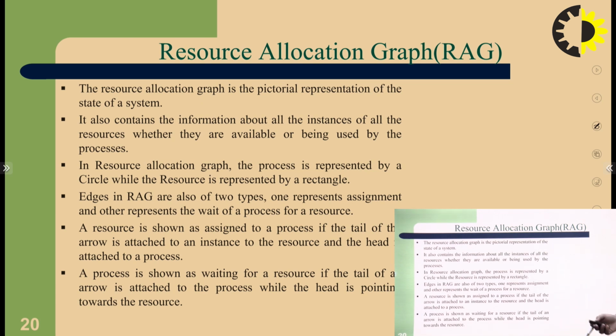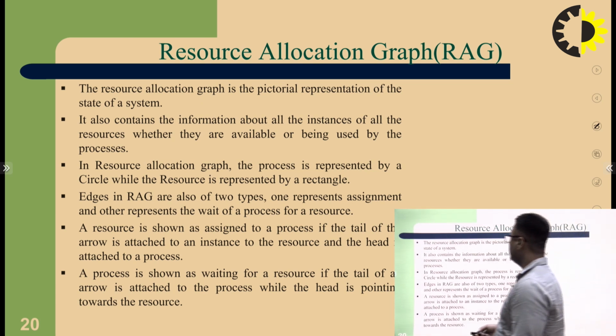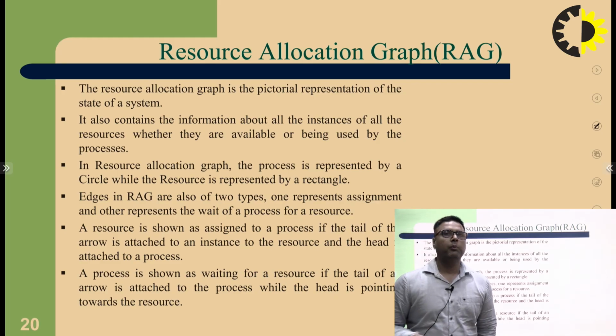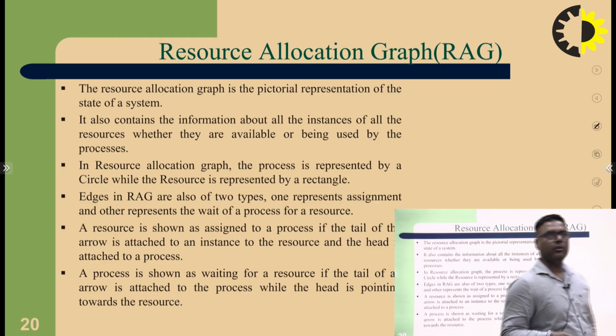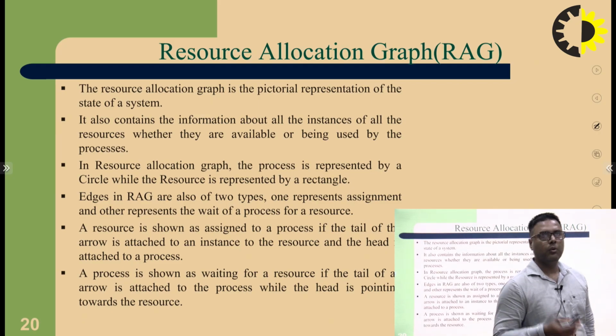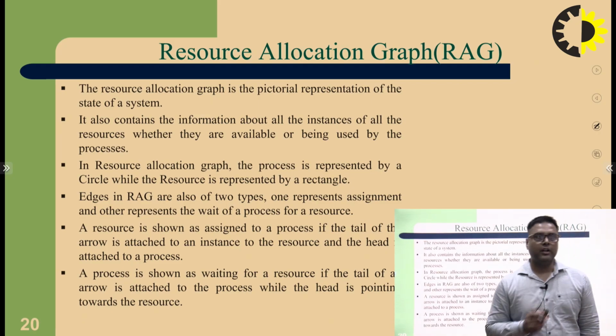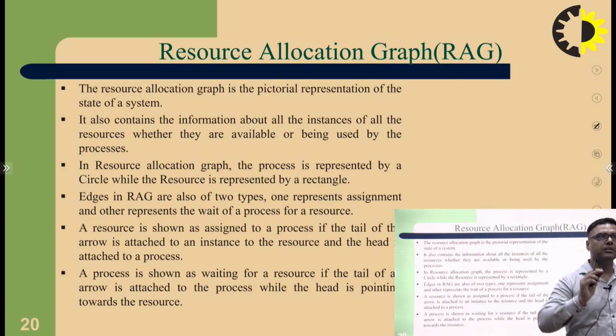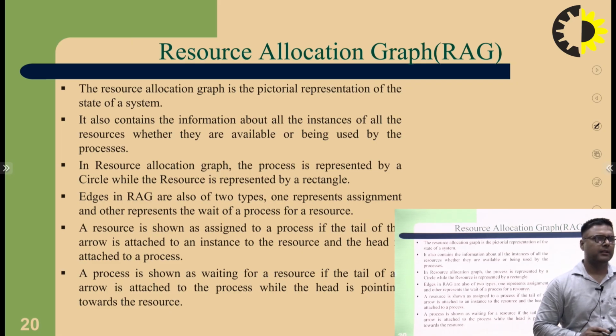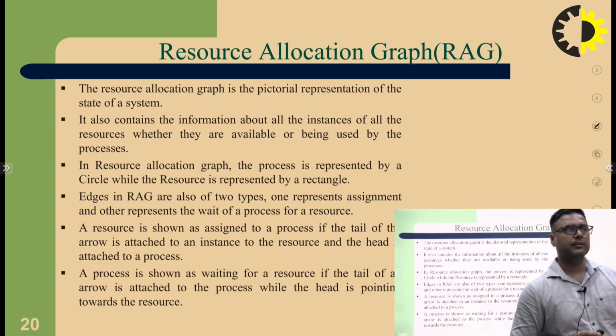What is the resource allocation graph? Basically, a resource provided to any process is called a resource allocation. The whole operating system basically depends upon the processes using the resources. The resource allocation graph is the pictorial representation of the state of a system.